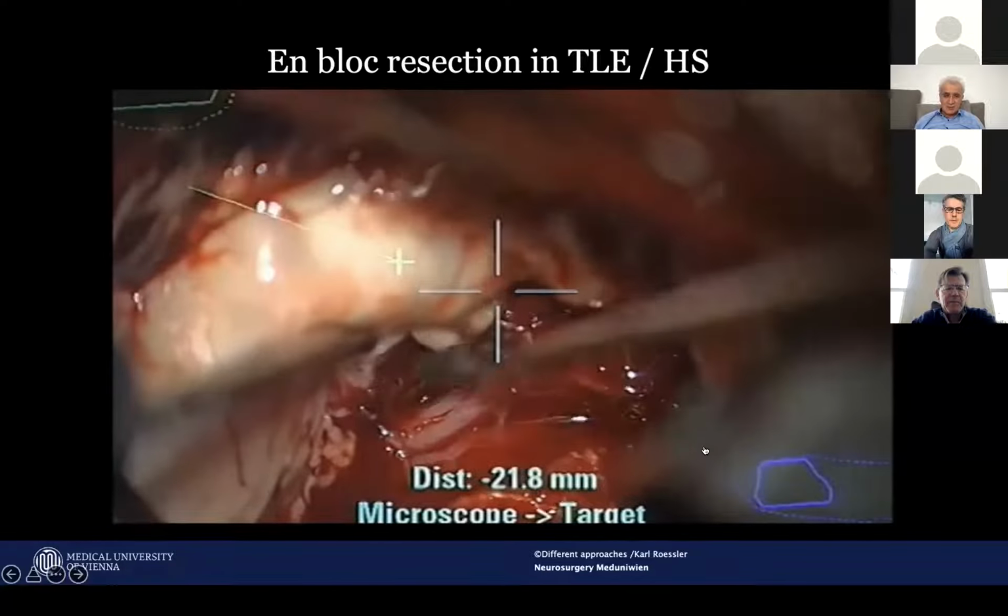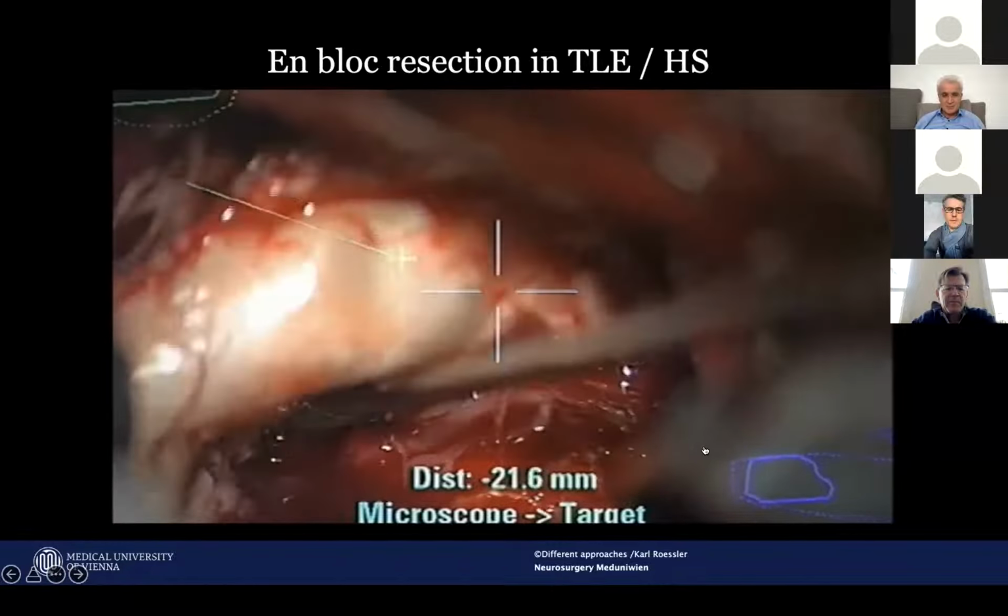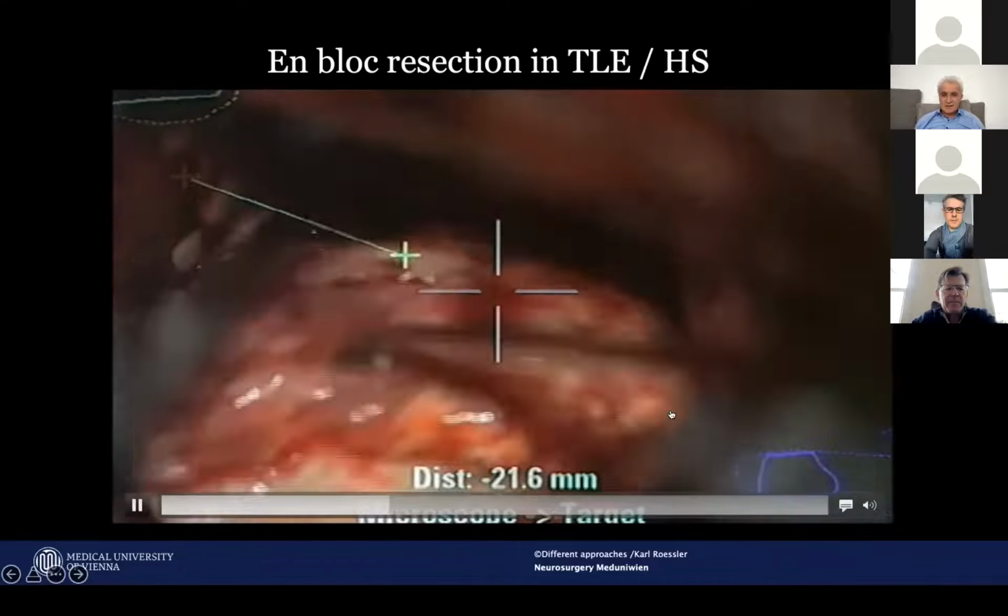It is an en bloc resection of a left hippocampus in a patient with HS.